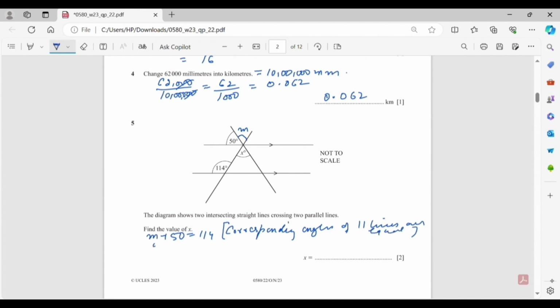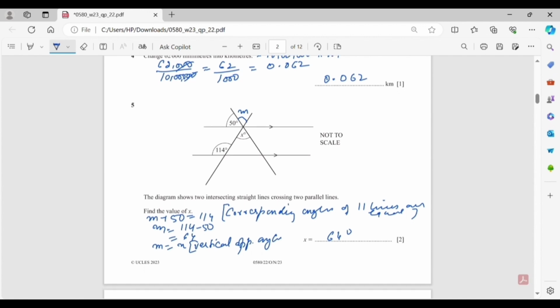Now m will be equal to 114 minus 50, which is equal to 64. Now m will be equal to x, vertically opposite angle, so x is equal to 64 degrees, our answer.